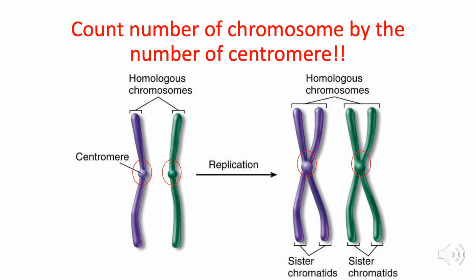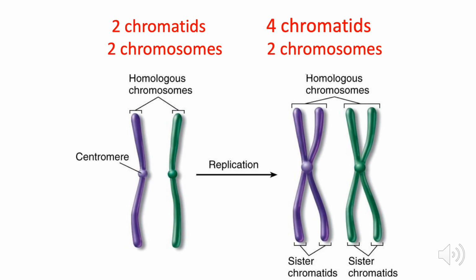If you will be asked how many chromatids are there, you should count the number of arms. So for the unduplicated chromosome, you will count the number of arms, and you can see 2 arms. So you will report the unpaired chromosome to have 2 chromosomes and 2 chromatids. 2 chromosomes because you only base it on the number of centromeres.